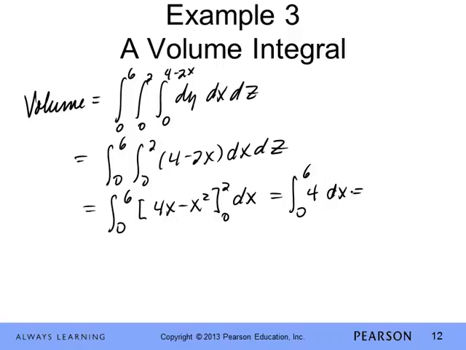And then integrate with respect to, hold on, this last one is z. Sorry about that. Integrate with respect to z. Z is going to go from 0 to 6, and you're going to get 24. Okay. So 24 cubic units is the volume of that wedge. Any questions on that?